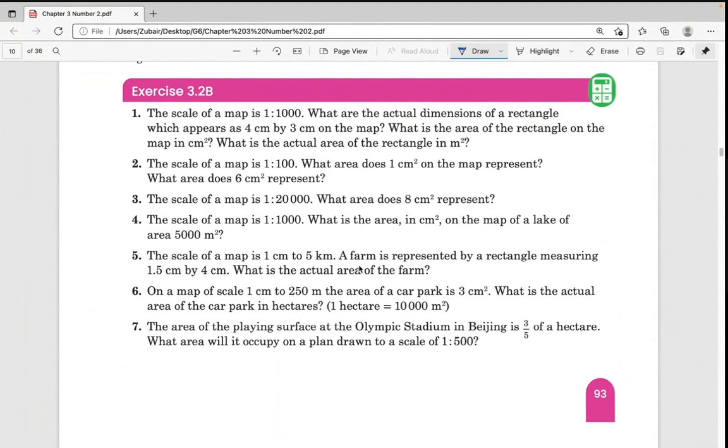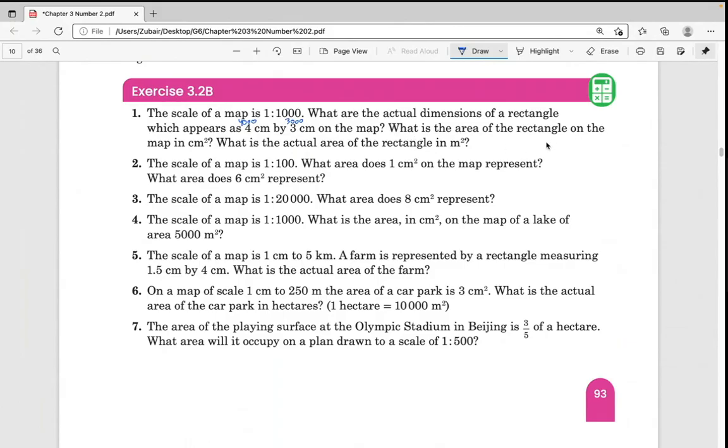You are having simple values. Let's do the first one. The scale of a map is 1 ratio 1000. What is the actual dimension of a rectangle that appears as 4 by 3 on the map? So 4 becomes 4000 centimeter, 3 becomes 3000 centimeter.